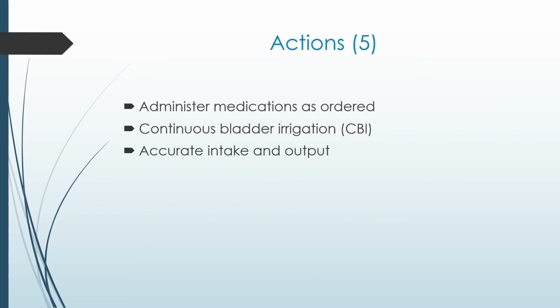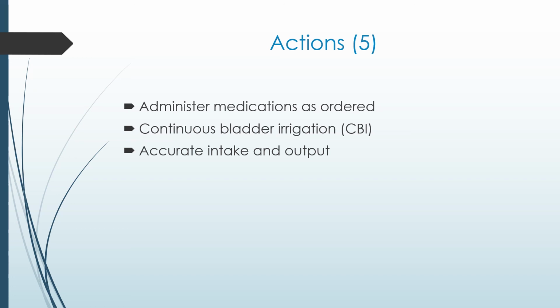Actions. So what are we going to do for these clients? We are going to administer medications as ordered. Sometimes you will see in the hospital setting a continuous bladder irrigation. It is called CBI, and that is where it is a dual Foley, where there's a very large saline bag, and we are instilling saline into the bladder.